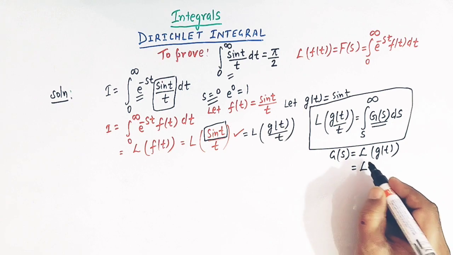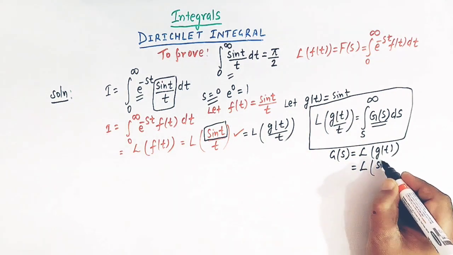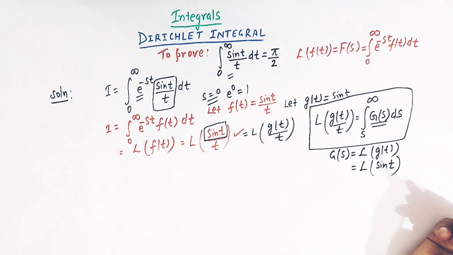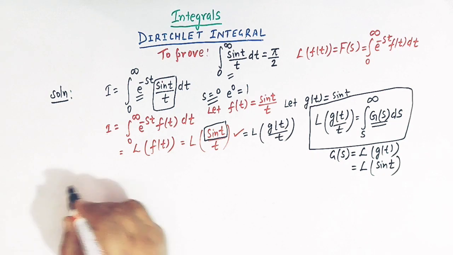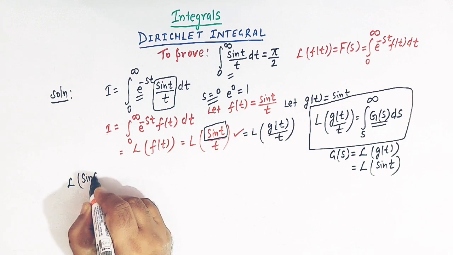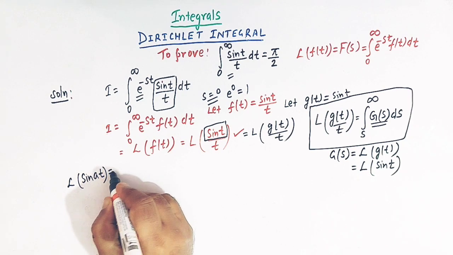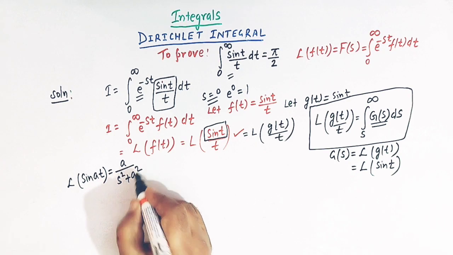Now see, the Laplace transform of g of t implies the Laplace transform of sine t, right? And again we know an important result from Laplace transform, that the Laplace transform of sine at is given by a over s square plus a square.